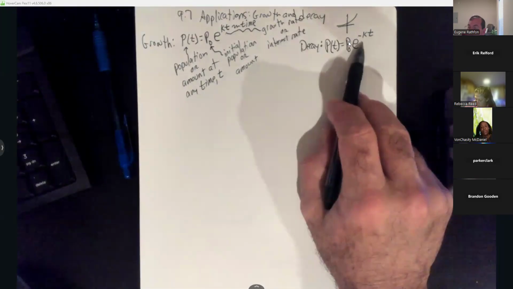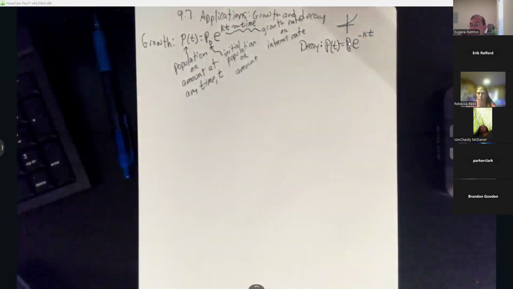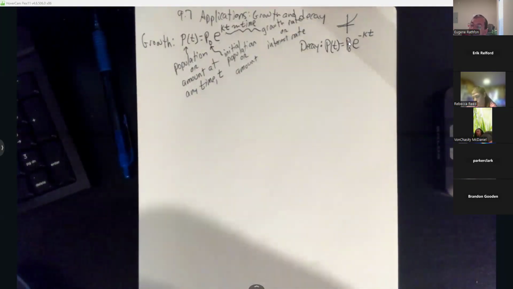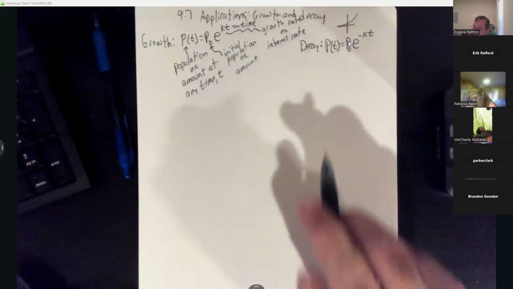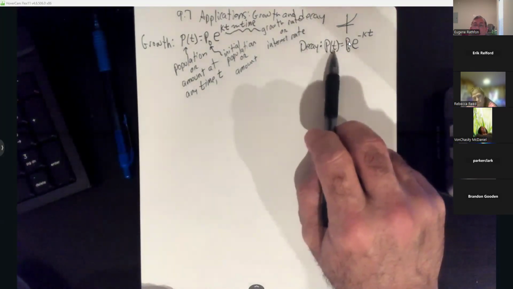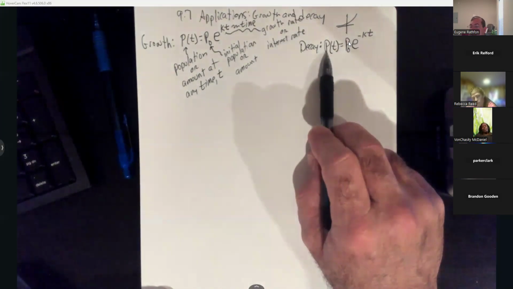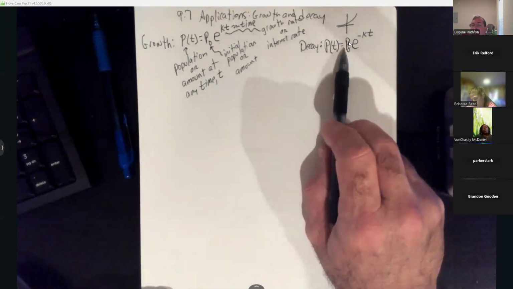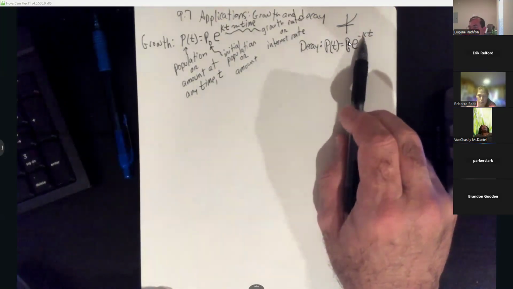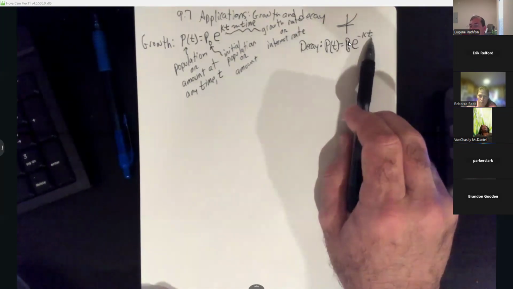So there's a negative in the formula when it is a decay or a decreasing. Okay. Everything else stands for the same. Population at any time T, original population. K is still the growth rate. T will be the time.